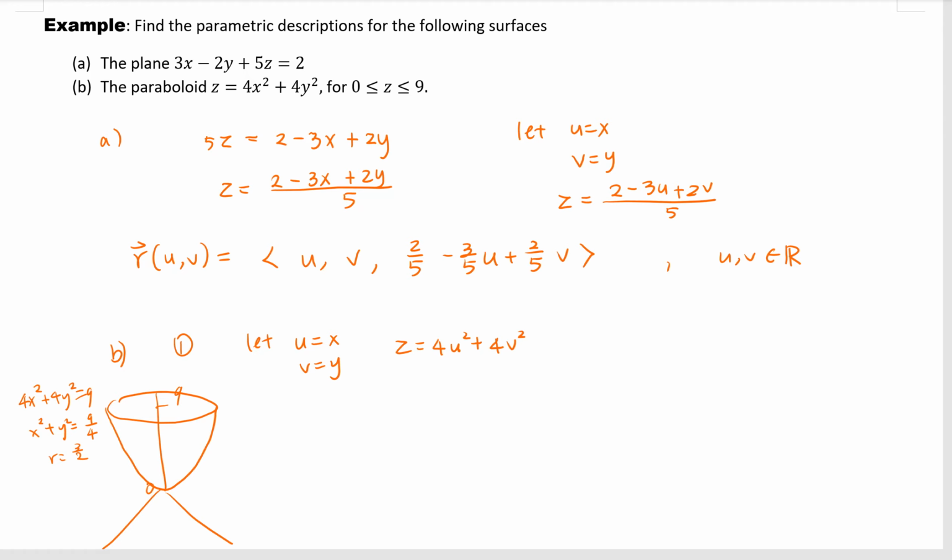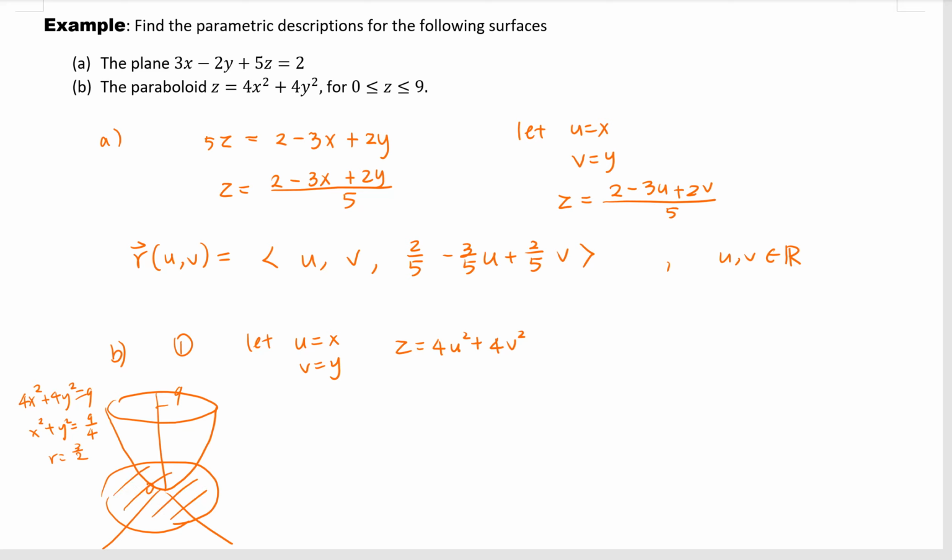Okay, so this is a paraboloid. But the problem is if we let z be 4u squared plus 4v squared, and because z is between 0 and 9, if I project down here there is a region of u and v, so there is a restriction on u and v. Can you imagine, everybody? So how do you describe this region?